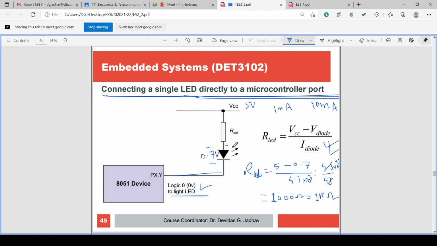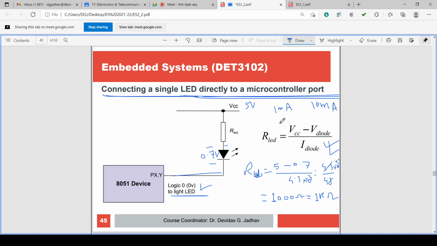Suppose some LED may work up to 20 milliampere. The minimum current required is suppose 500 microampere, that is 0.5 milliampere. Accordingly, we can take up to 20 milliampere. So let us take 10 milliampere, or 12 milliampere accordingly.